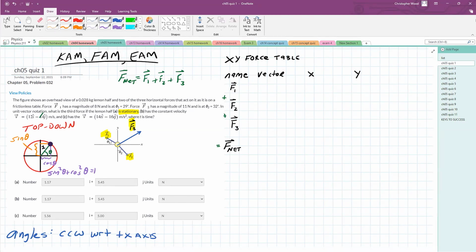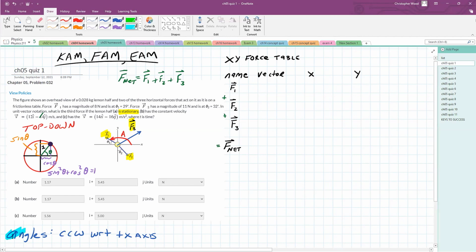So here's what I'm going to do. For F1, let's draw an angle for F1. F1 right here. Let's refer to this as angle A. So I'm ignoring their theta 1, and I'm saying, hey, I'm going to stick to this convention.